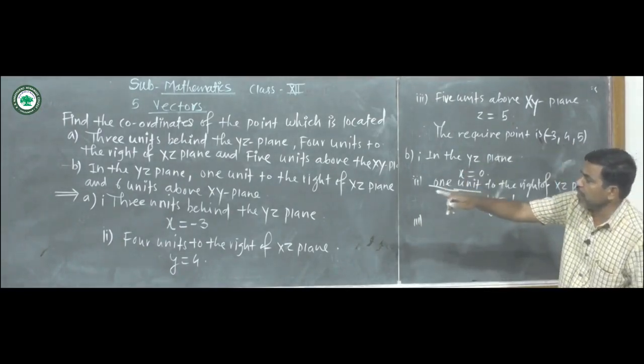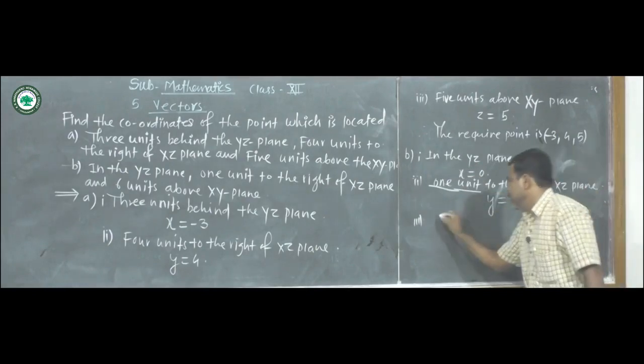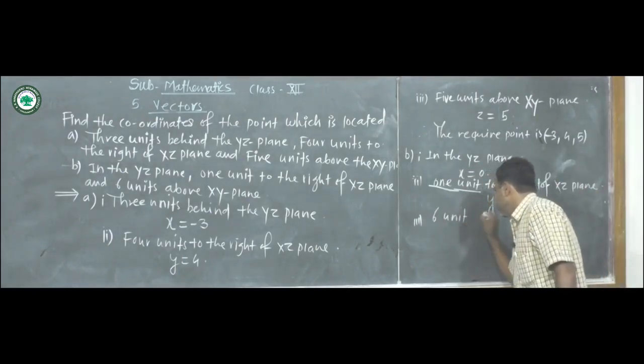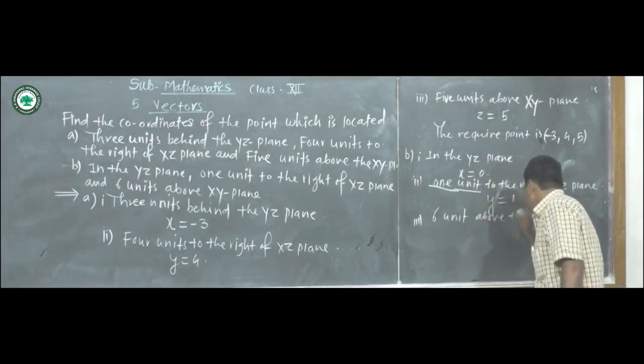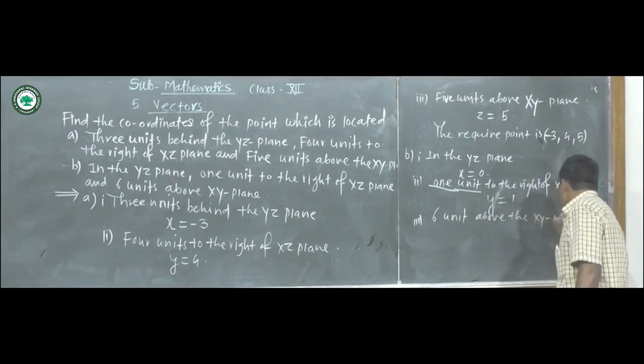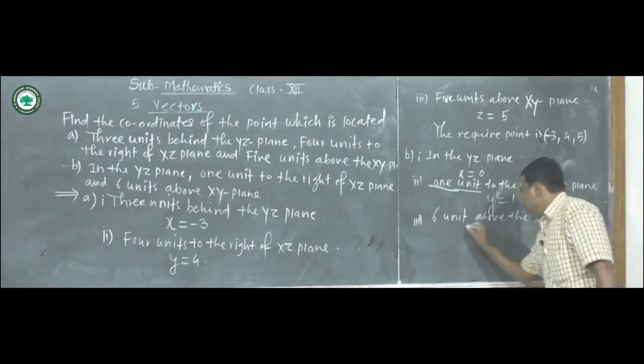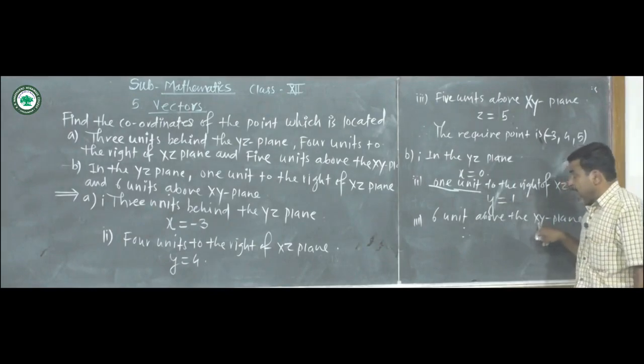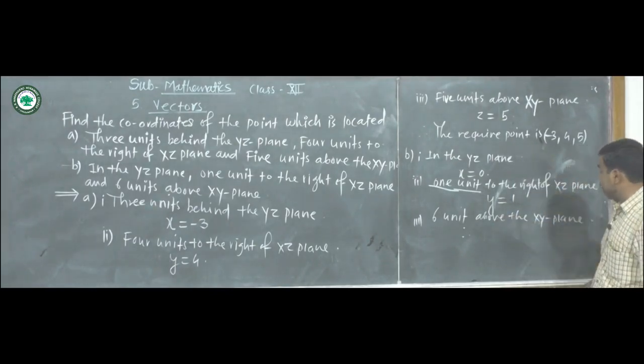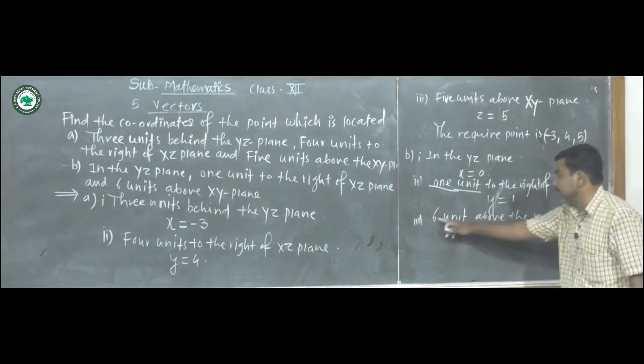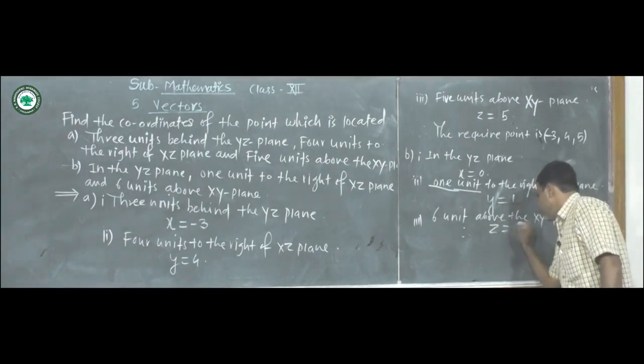And 6 units above the XY plane. The plane is XY and 6 units above, so the Z coordinate is positive, and that is 6 units. So Z is equal to 6.